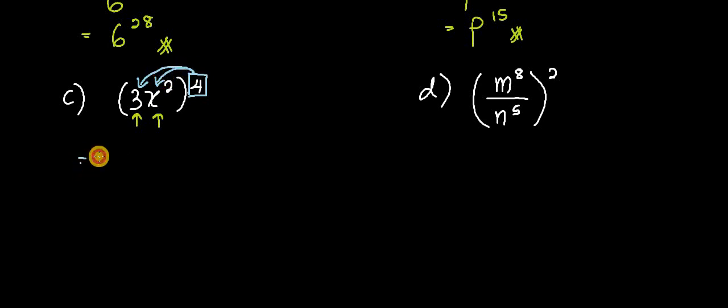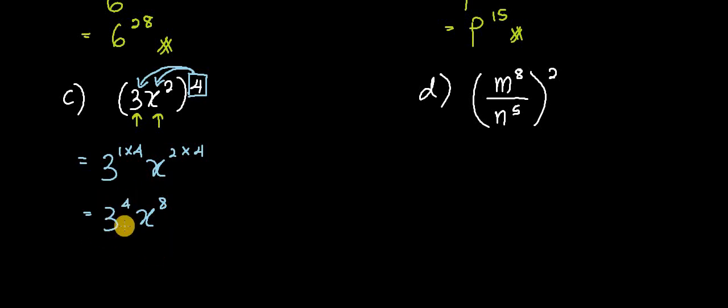So how do you write this? 3 is power 1, right? So 3 power 1, and when you times with 4, you get 3 power 4. And for x squared, the bracket means times 4, so here you will get x power 8. Now what is 3 power 4?